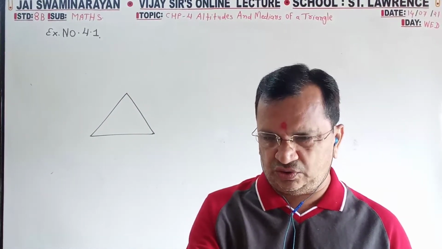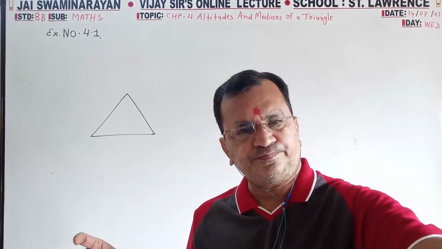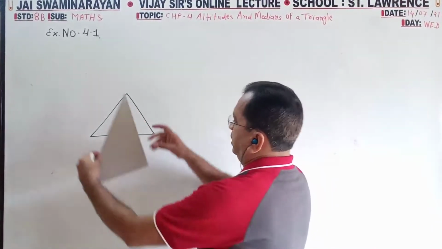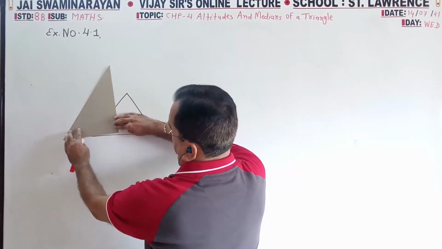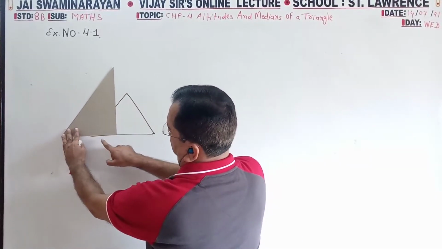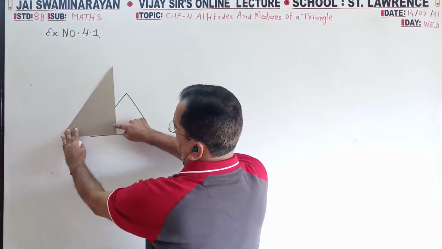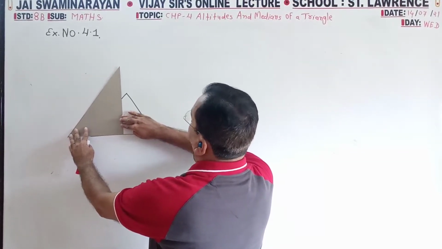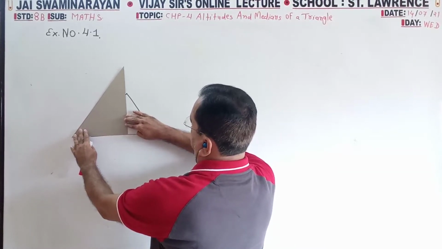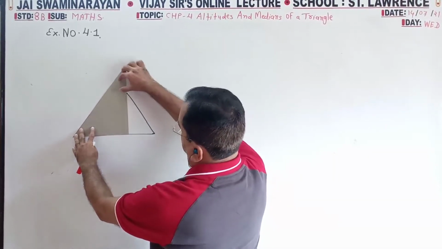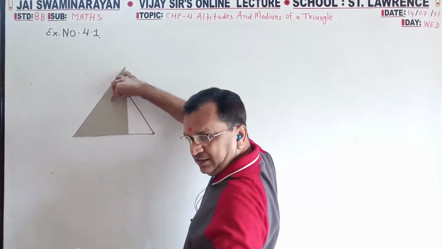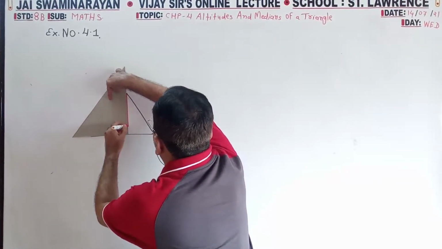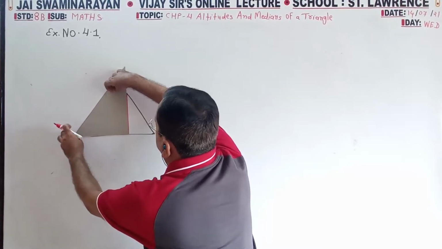So how to draw? On this base just arrange the triangle and shift up to this point and then draw this. Correct.